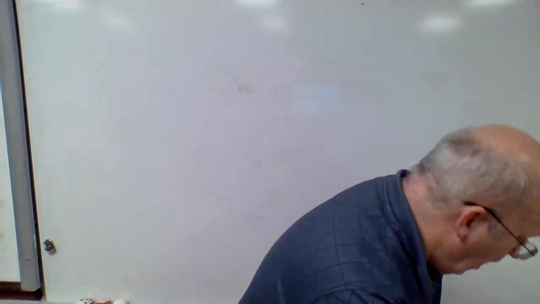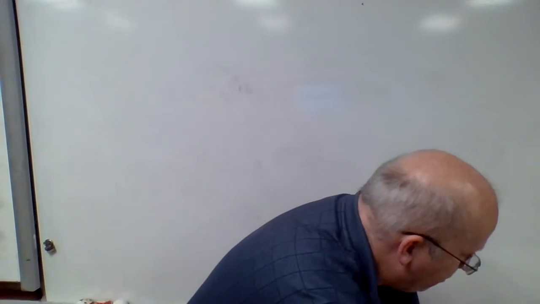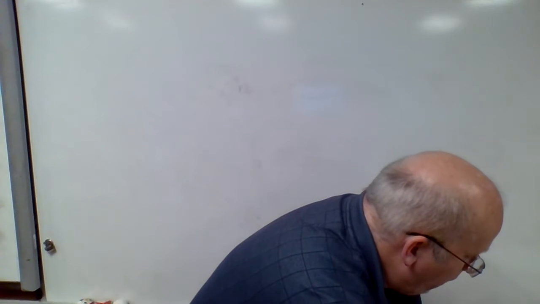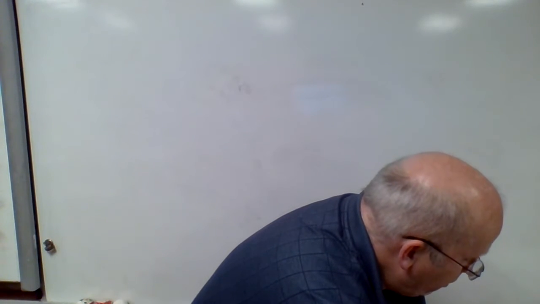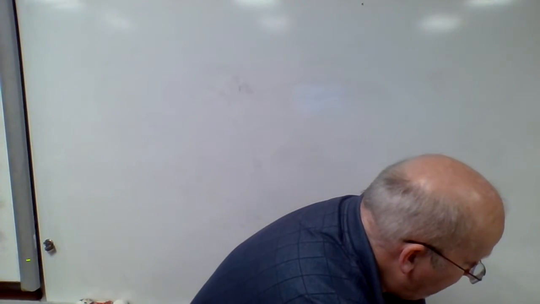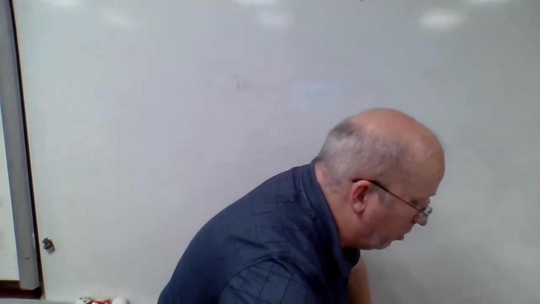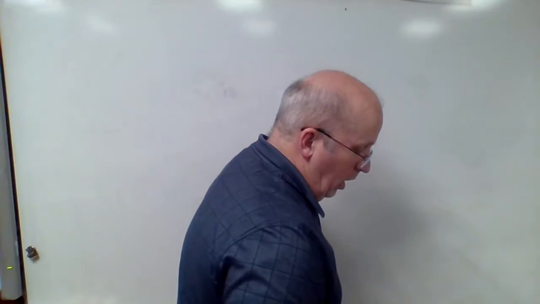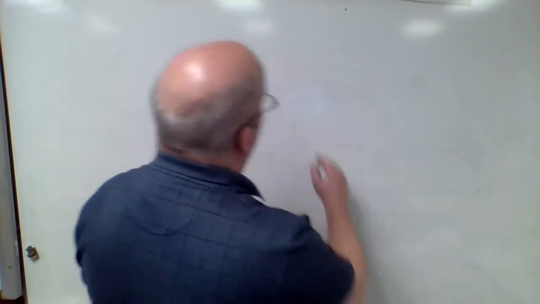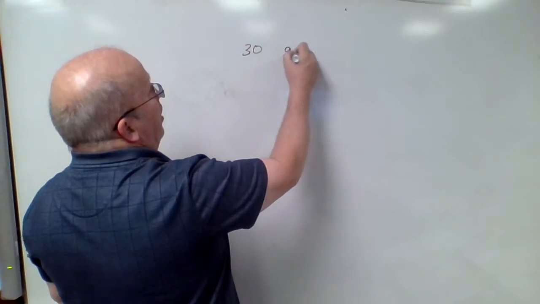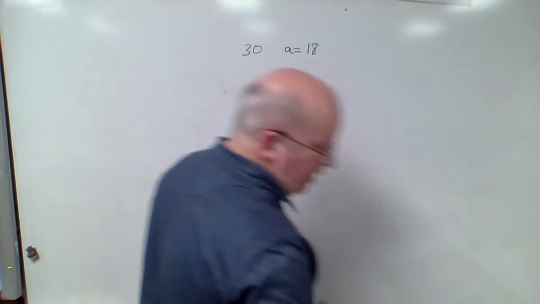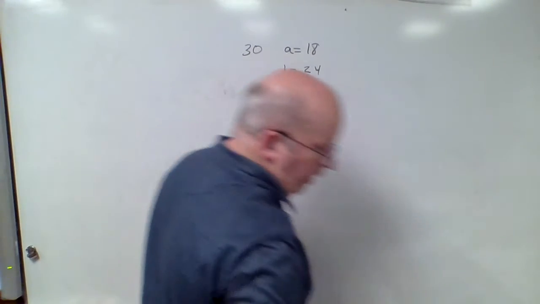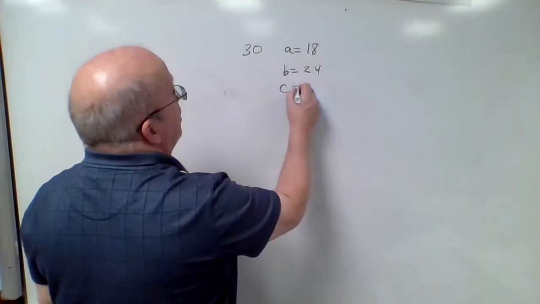What about how we are going to handle problems 28 to 33? There, the directions say the lengths of three sides of a triangle are given. Determine whether each triangle is a right triangle. I'm going to do problem 30 with you right now. 30 says, what if we have an a value of 18, a b value of 24, and the c value is 30?